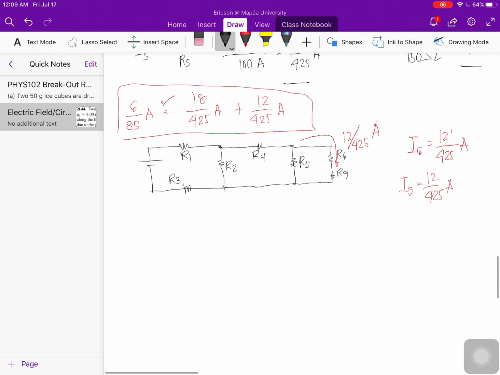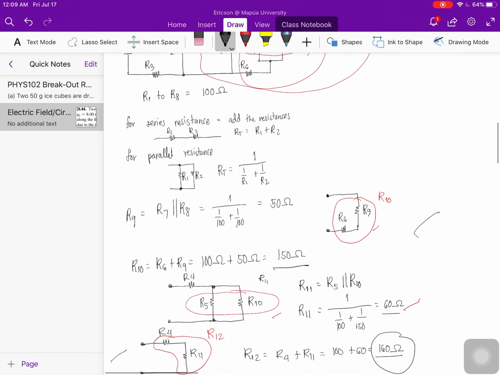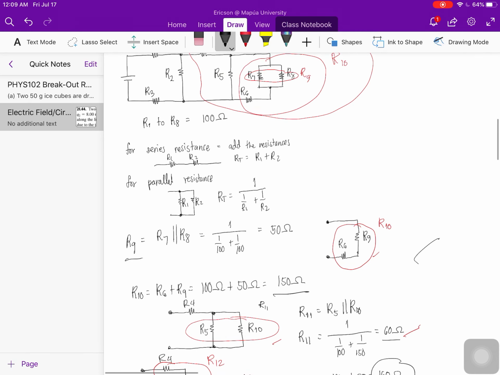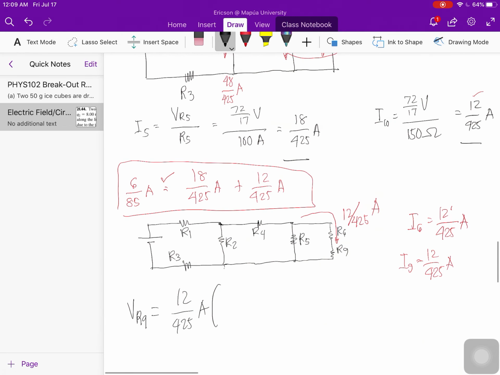So I can now compute for the voltage on R9 equals current 12 over 425 amperes times ano yung R9? R9 is ito, 50 ohms. So that is equal to 12 divided by 425 times 50 ohms, 24 over 17 volts.